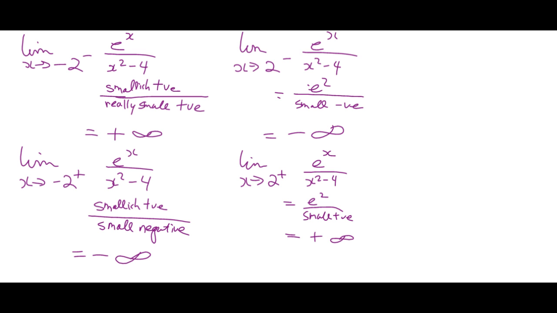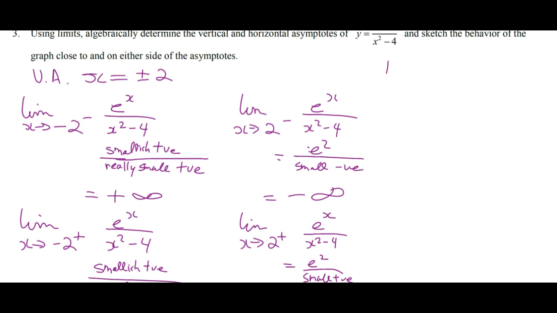Now we need to look at horizontal asymptotes. The limit as x approaches plus or minus infinity of e to the x over x squared minus 4.